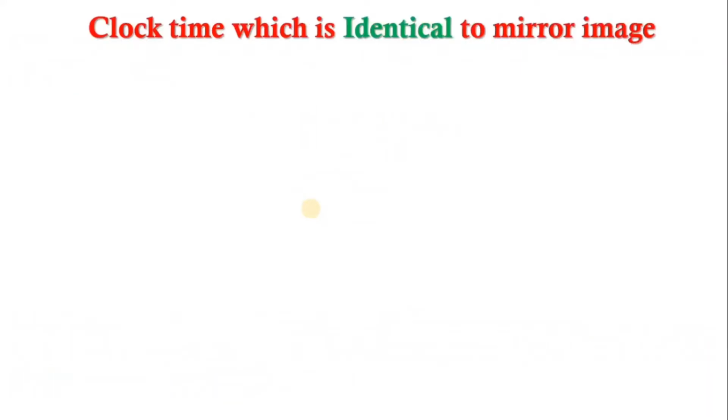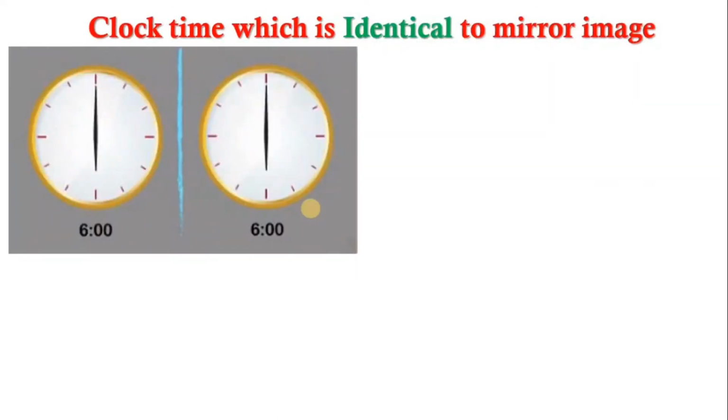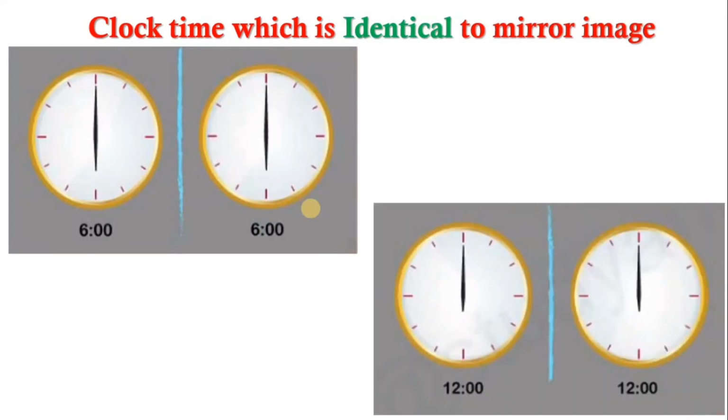Before that, there are some clock times which give an identical mirror image. Which are they? One is 6 am or pm, and the other is 12 am or pm. So these give the identical mirror image. If you get a problem regarding 6 and 12, directly write down the given time as the correct answer, because it will show the exact time.